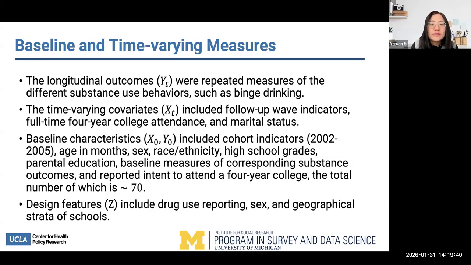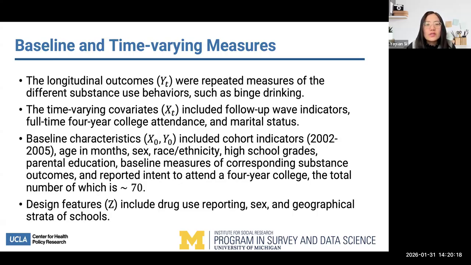So in this MTF study, also common in other longitudinal studies, we can have time varying and time invariant measures. The outcomes of interest are repeated measures of different substance use behaviors. So we have checked binge drinking behaviors over time, and also tobacco or marijuana use across time.